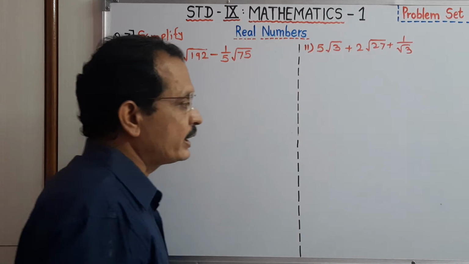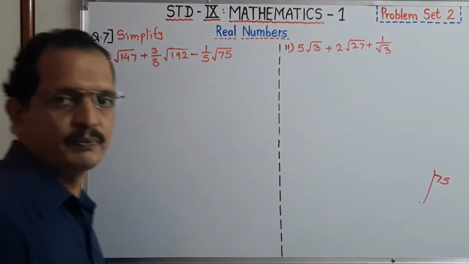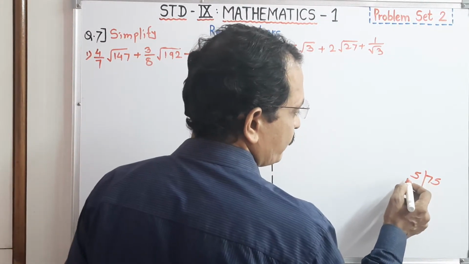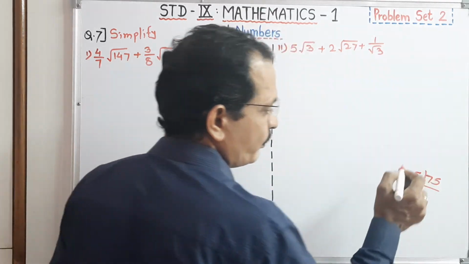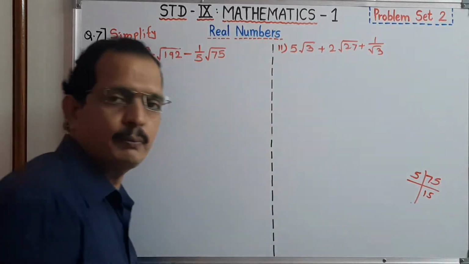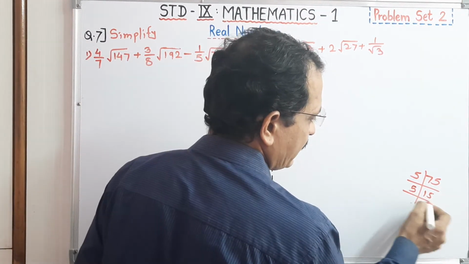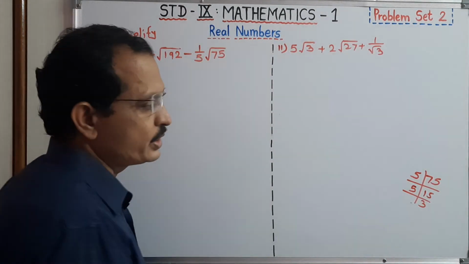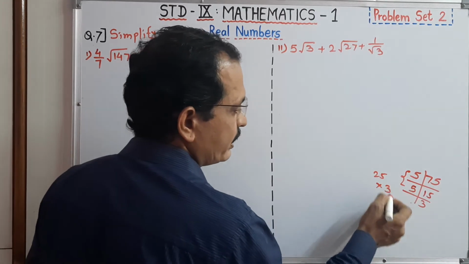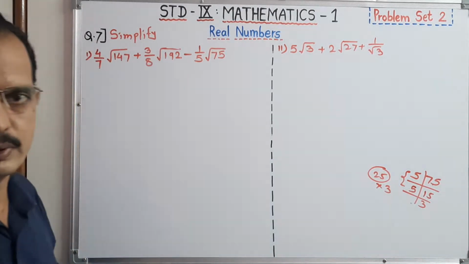Now all of you know that if there is a 5 at the unit place, then the number must be divisible by 5. Therefore it is 15. Then again here it is 5 and here it is 3. Now dear student, 25 into 3 is 75 and this 25 is a perfect square.